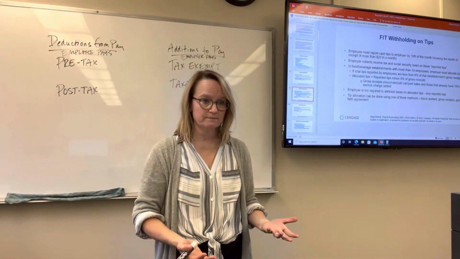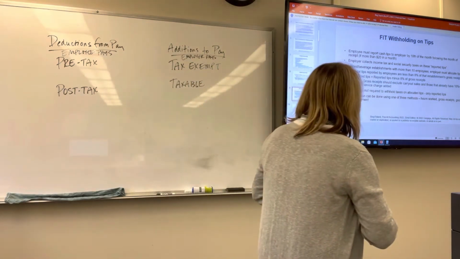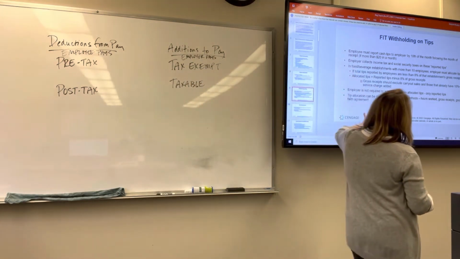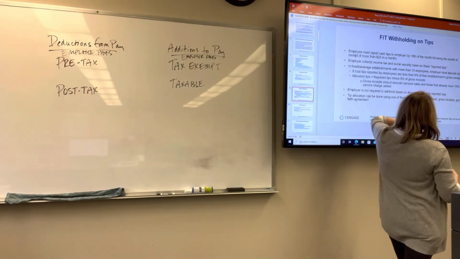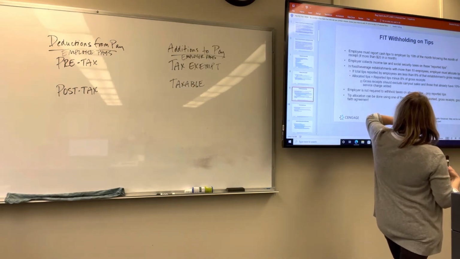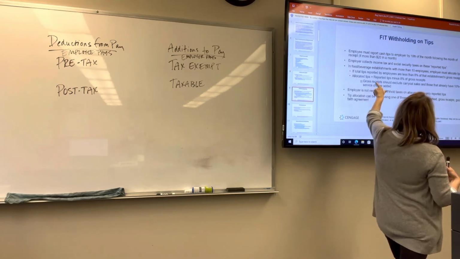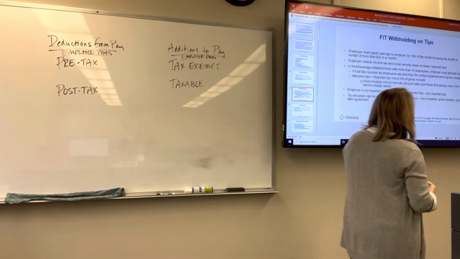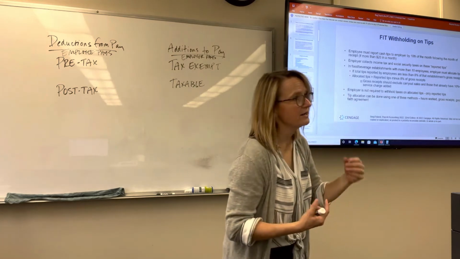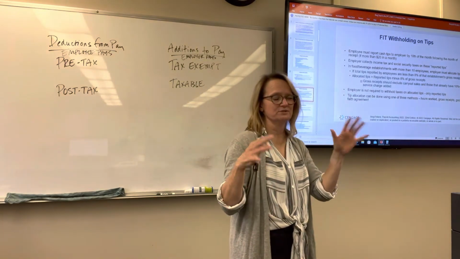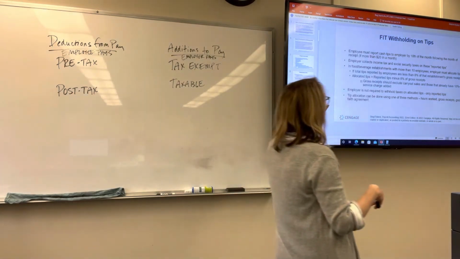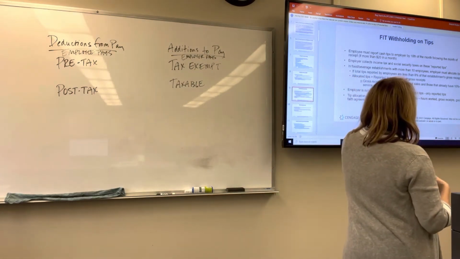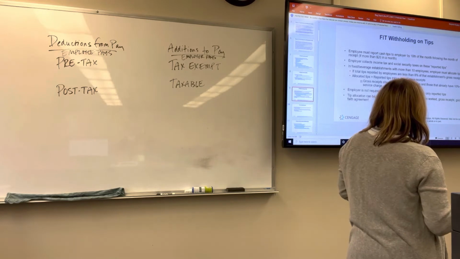Okay, so for those allocated tips, we take the reported tips minus 8% of the gross receipts. It doesn't include the carryout sales, and sometimes they'll automatically include a tip for parties of over 6, that sort of thing. That's not included in the calculation either.